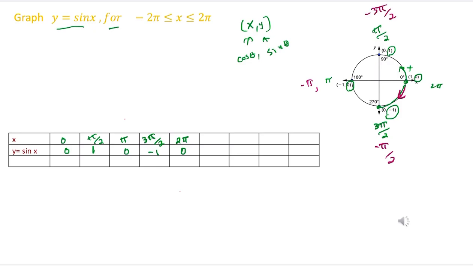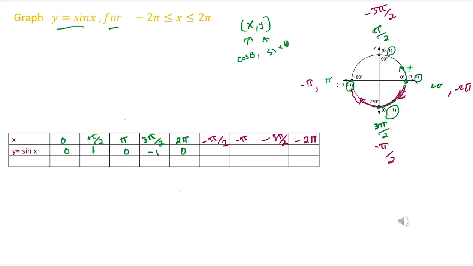And finally, when we come back, that's going to be negative 2 pi. So we travel this way for the negative angles. Let's pick the values: negative pi over 2, negative pi, negative 3 pi over 2, and finally negative 2 pi.